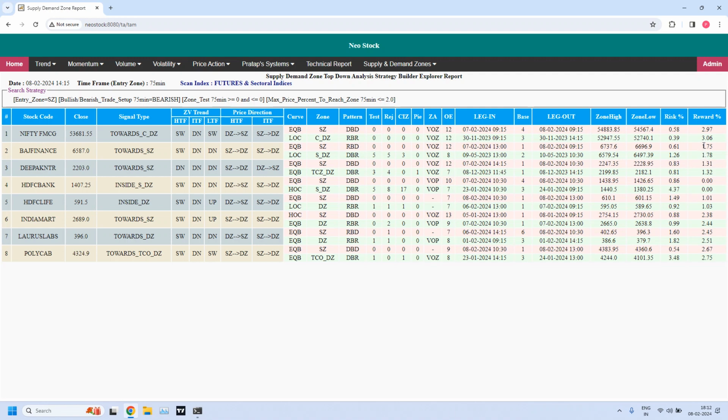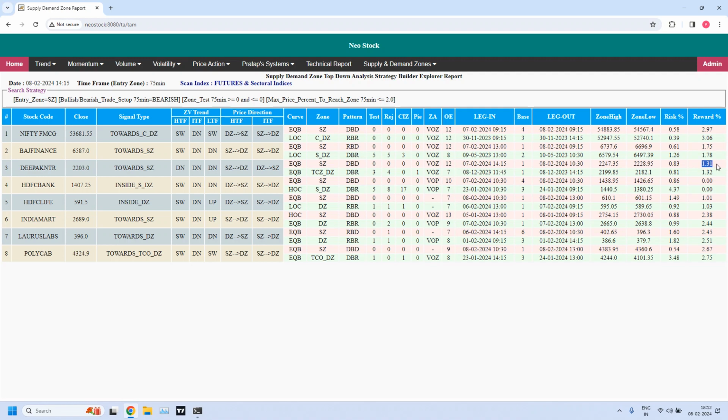Your reward is very poor, Bajaj Finance. You may get RR, but overall reward you are expecting. If you fine tune, still risk will be reduced. Your reward will be improved. Maybe up to 2% your reward, may not be 3, up to 2% it will improve.